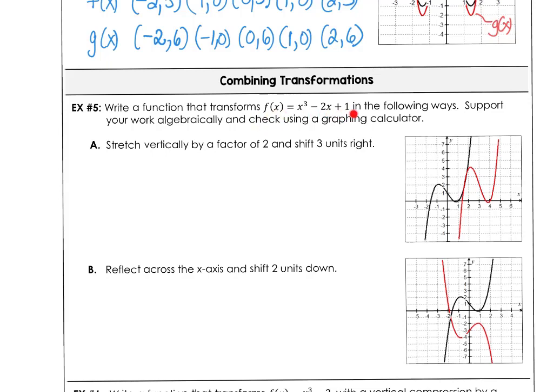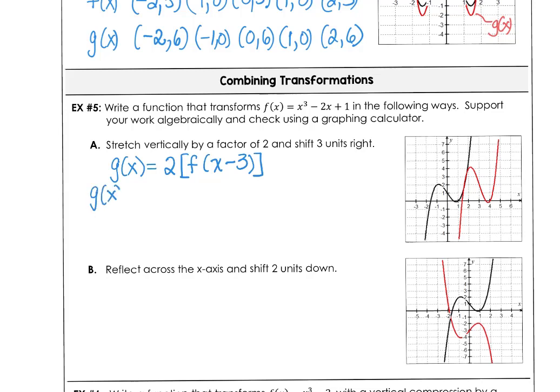So if we take f of x and we want to stretch vertically by a factor of 2, and then shift the parent function 3 units to the right, algebraically, that's telling me, let's call this new function g of x. We're going to have a stretch factor of 2 on f of x, but we want to shift f of x 3 units right, so we would have x minus 3 for our replacement.